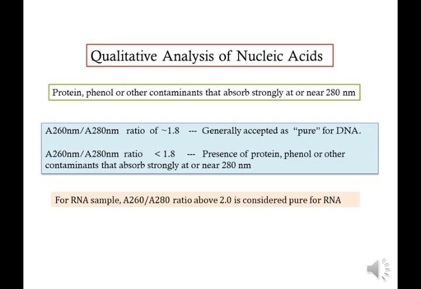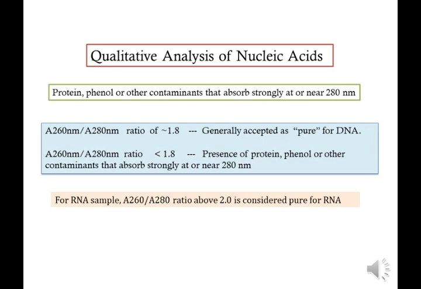To ensure accurate results, the purity of the nucleic acids is assessed using absorbance values. While DNA and RNA absorb at 260 nanometers, protein, phenol, and other contaminants absorb strongly at or near 280 nanometers. The absorbance ratio, A260 to A280, is used to assess the purity of DNA.